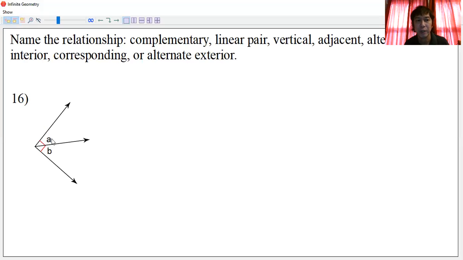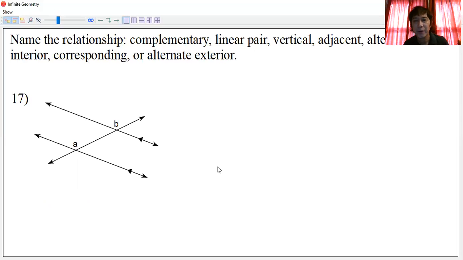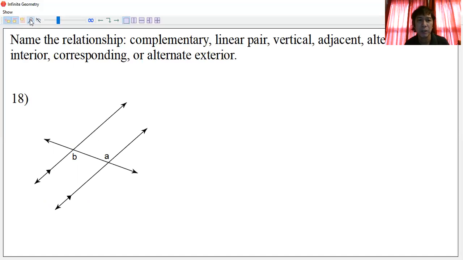And when the total of A and B is 90, that means they are complementary angle pair. There. Next, number 17, corresponding. Two angles on the same side of the transversal, one interior, one exterior. So you call this corresponding angle pair. Next, number 18. All right, you have two angles inside these two lines.